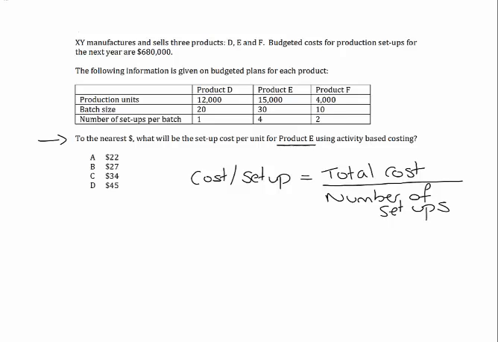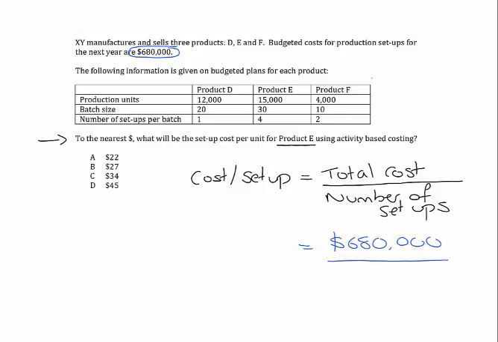So if we actually look at the information given to us in the question, they tell us first of all that the setup costs for the next year are 680,000. So that can go on the top. And then we simply need to work out the number of setups on the bottom.